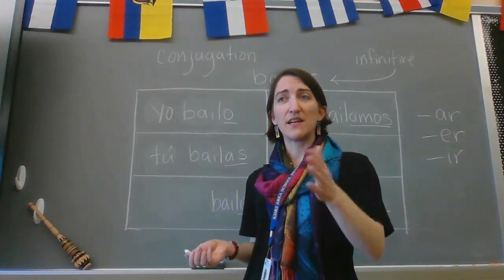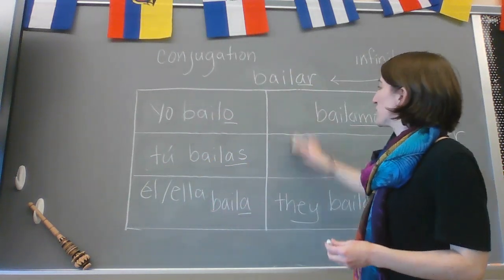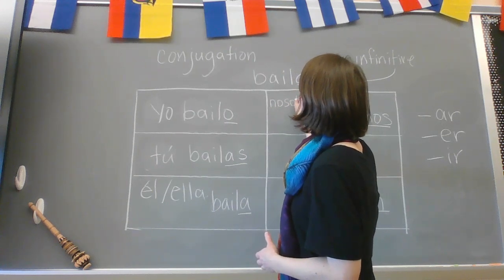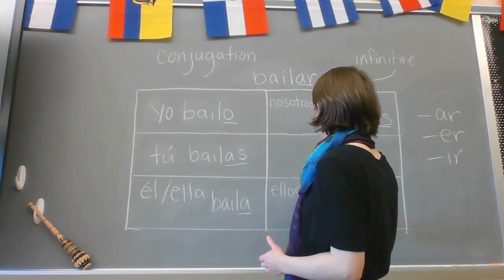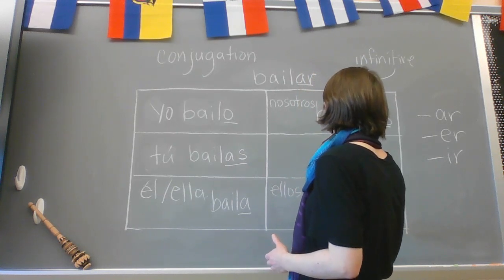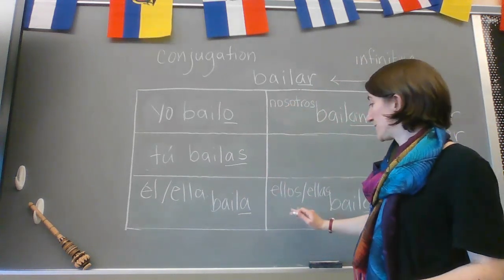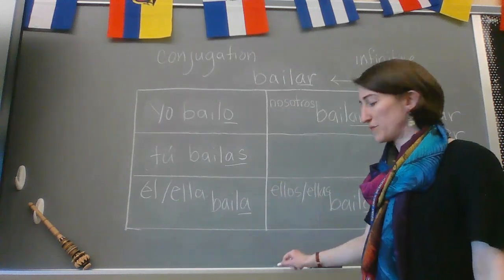It's just él and ella. All right. What about we? Nosotros is for we, and ellos, ellas for they. It's a masculine form and a feminine form.